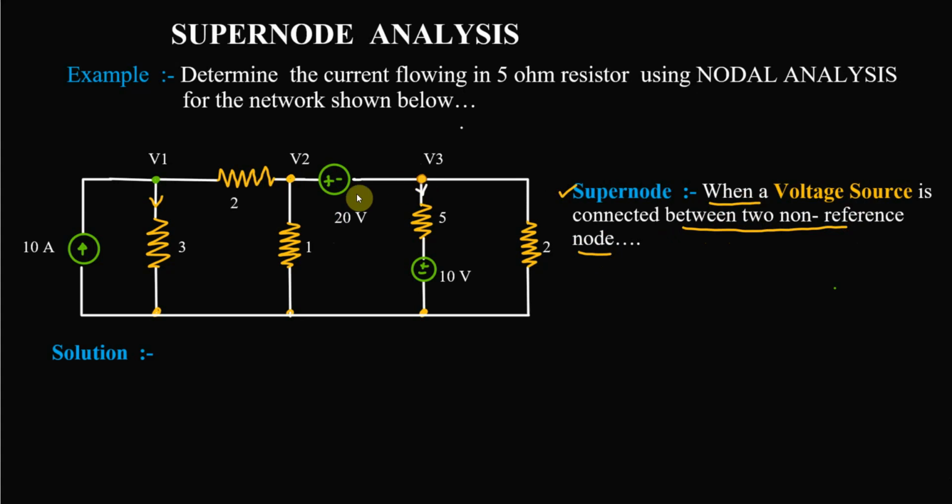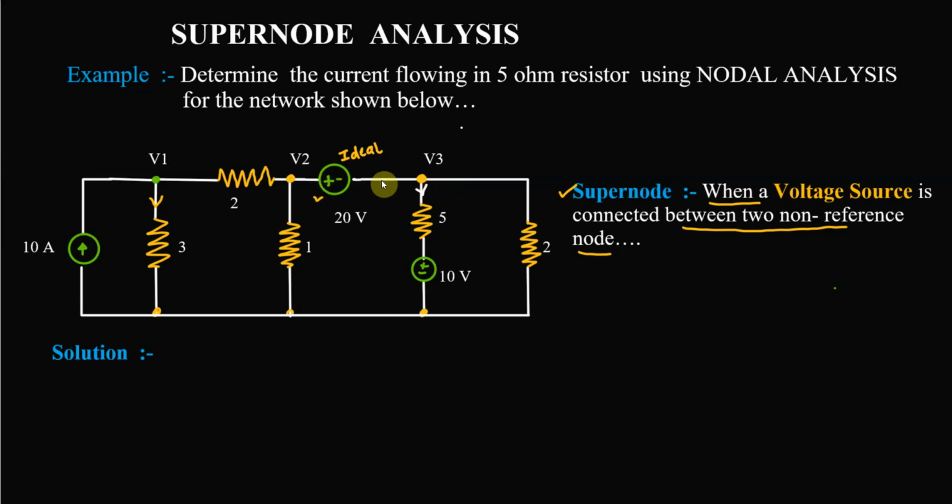We consider that both these nodes are non-reference nodes, and between these two nodes there is a voltage source. This voltage source is an ideal voltage source, so we will say that this node and this node together are called the supernode.